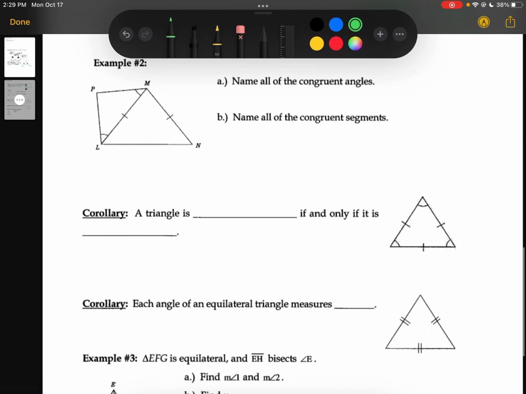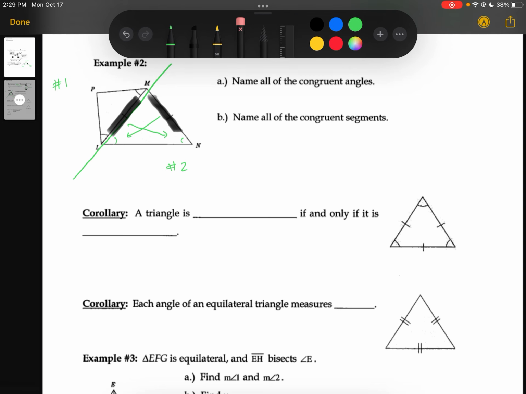All right, taking a look at example number 2, this allows us to work through and see some similarities here. If we break these down into two separate triangles, we have a triangle on this side, we'll call it triangle number 1, and triangle number 2 on this side. Triangle number 2 has two sides that are congruent, so the angles across from these congruent sides are also congruent.